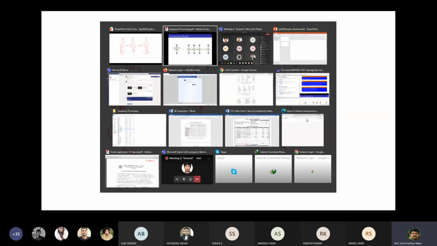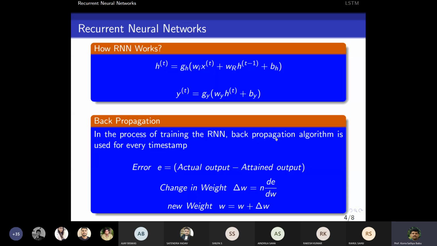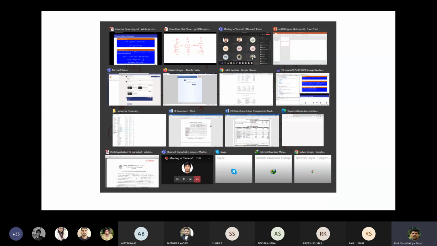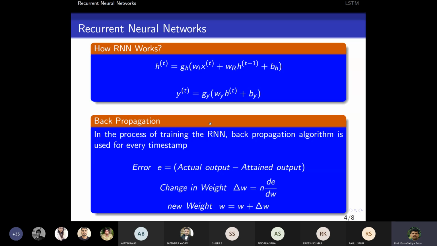Now, how does an RNN work basically? If we give the mathematical equation for what we have seen earlier: Wi into x at that particular time t. Suppose you are trying to find h of t.